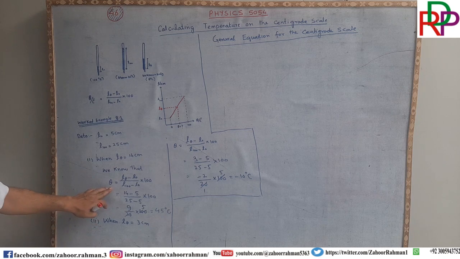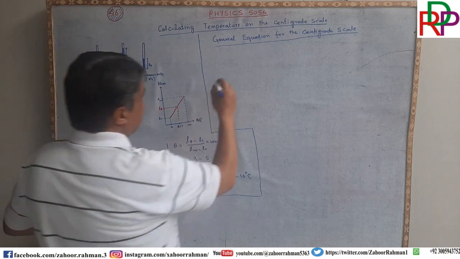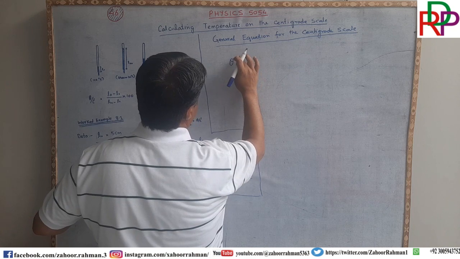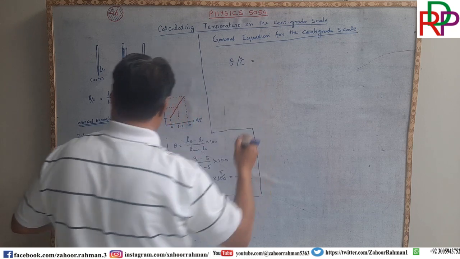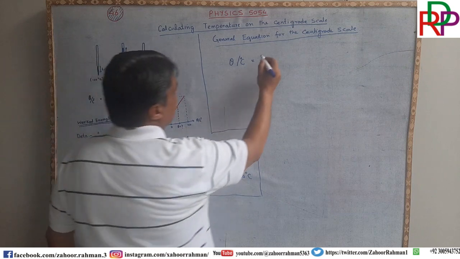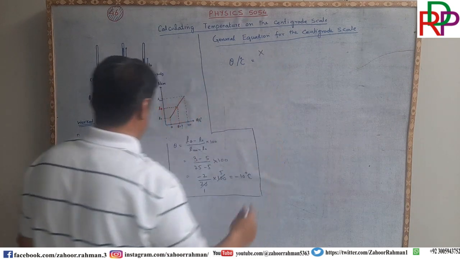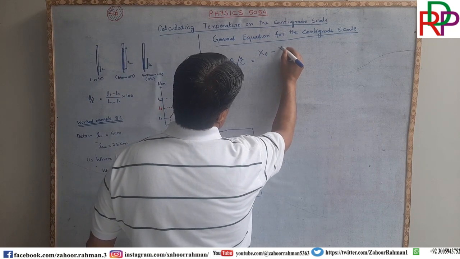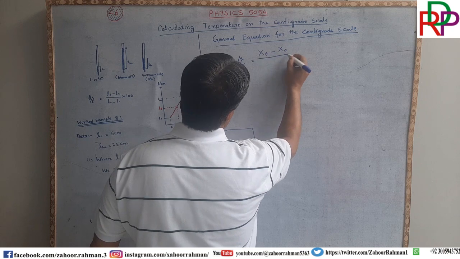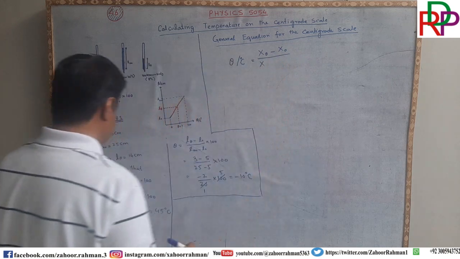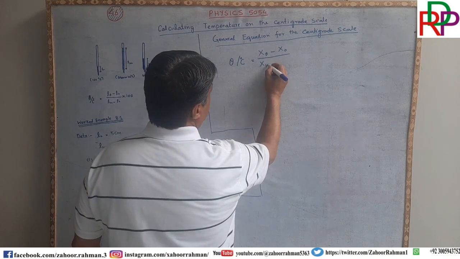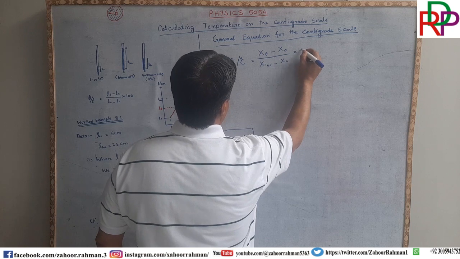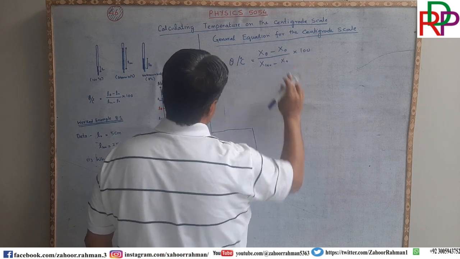Ladies and gentlemen, we are writing this equation. This is theta per degree Celsius. Instead of L, we are writing X, and that will be theta minus X0, and then X100 minus X0, multiplied by 100. This is not X, this is multiply.